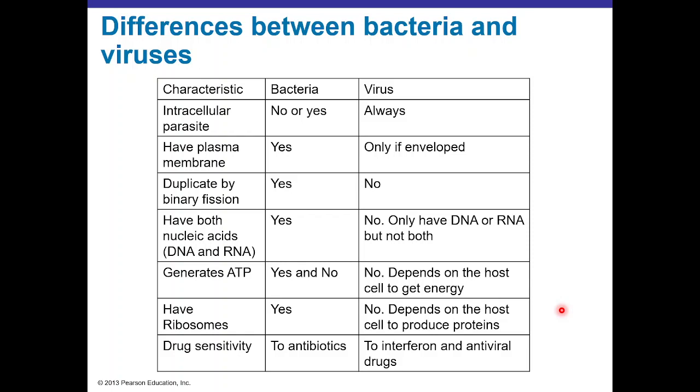And viruses cannot generate ATP, so they depend on the host cell for energy. Bacteria have ribosomes, so they can make proteins. Viruses don't have ribosomes, so they depend on the ribosomes from the host cell to produce the proteins.